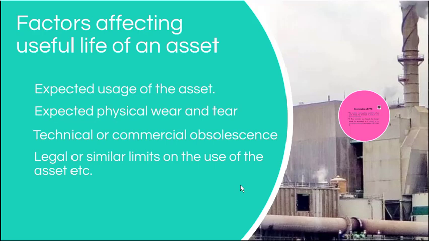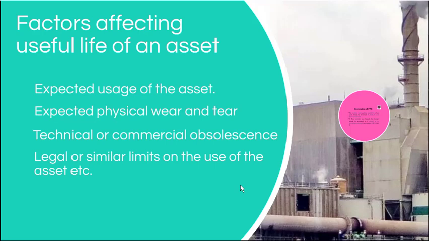The multimedia projector bulb has a limited life of, let's say, 2 years. Then the maximum period you can use your multimedia projector would be 2 years. So expected physical wear and tear affects the useful life of the asset.